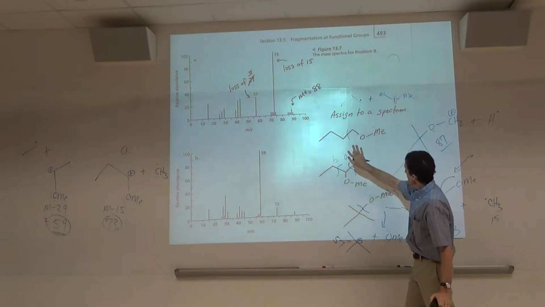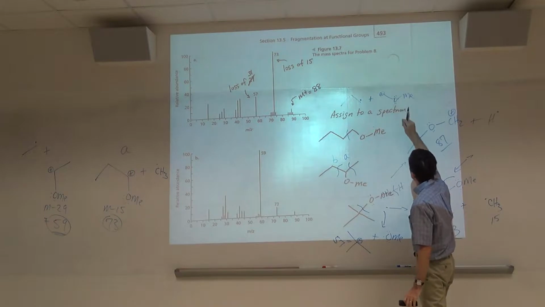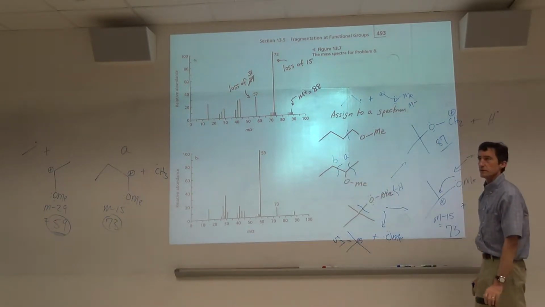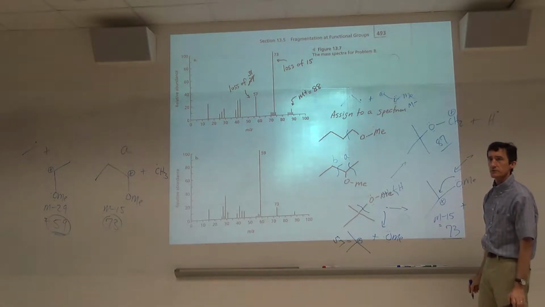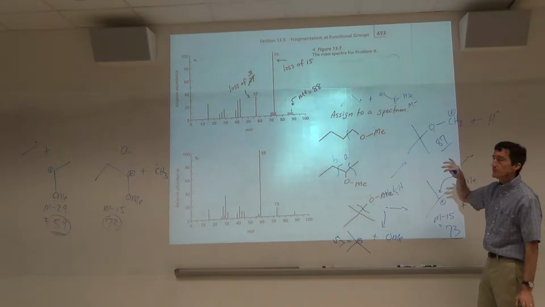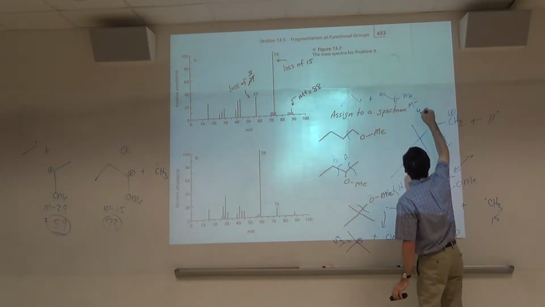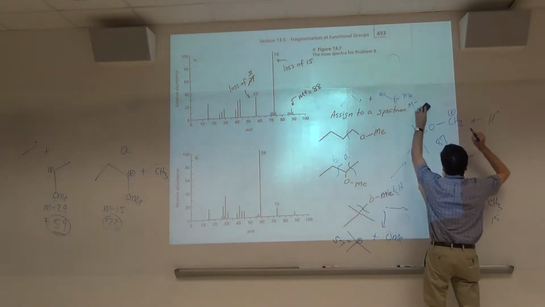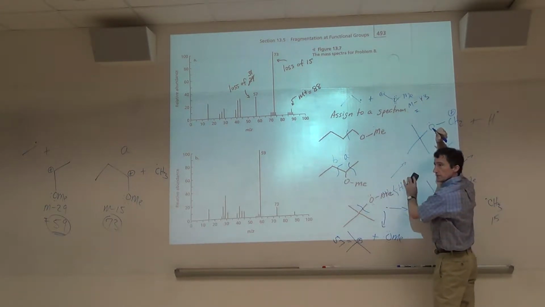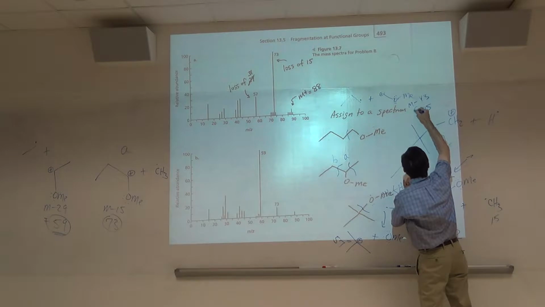We lose the propyl radical, we make this. This is M minus propyl, which has got to be 43, and it's 3 times 12 is 36, plus 7, 43. No, that's M minus 43. M minus 43 equals 45.